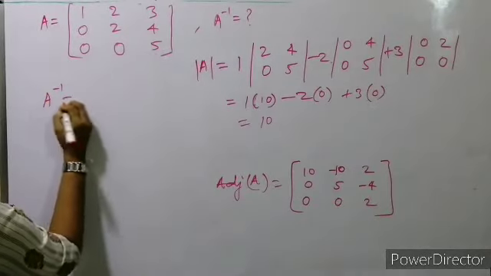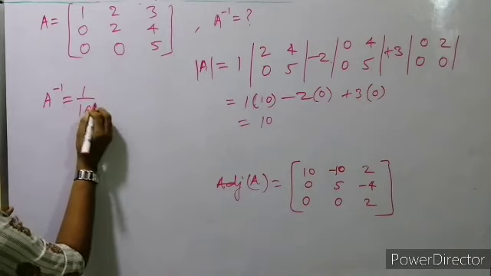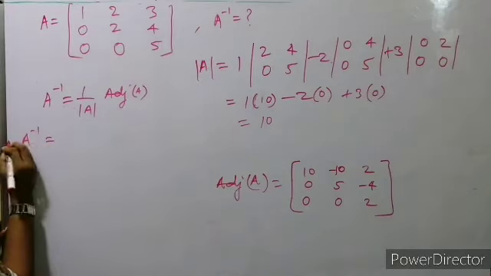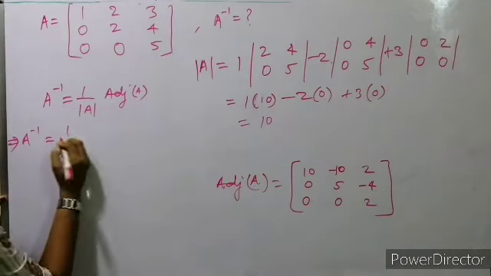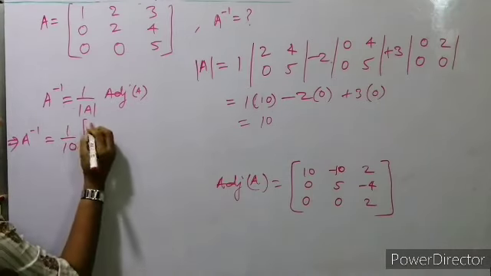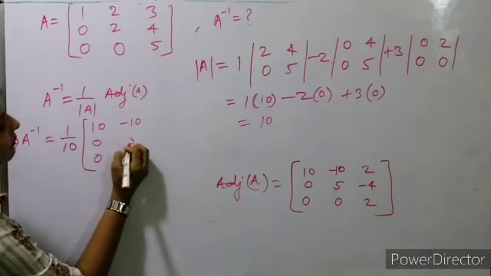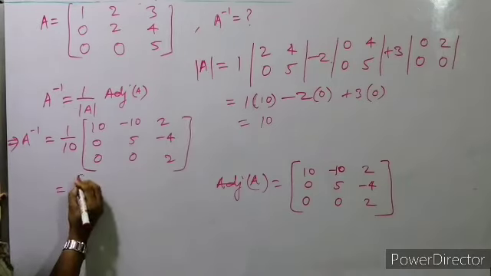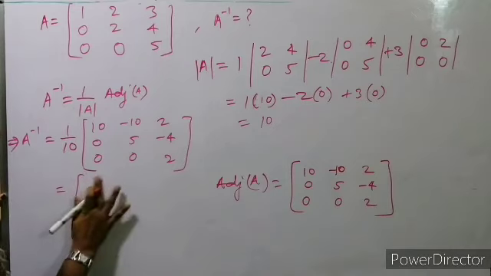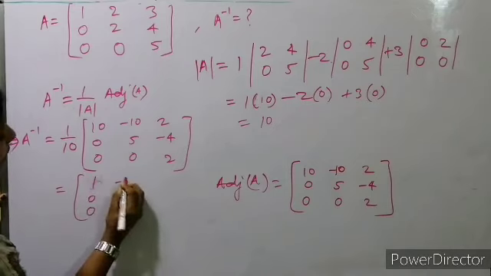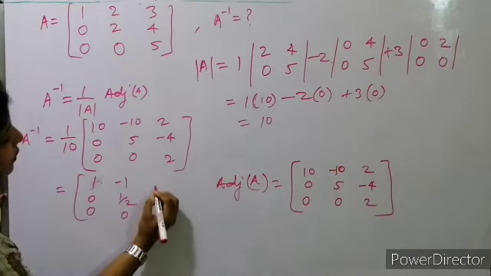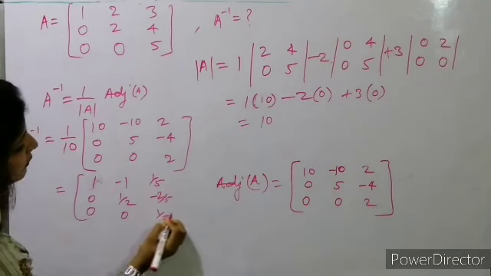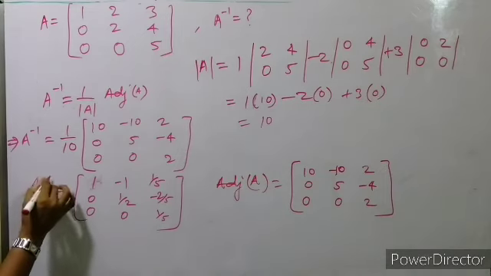We know the inverse is 1 upon determinant of A into adjoint of A. So A inverse will be equal to 1 upon 10, since the determinant is 10, times the adjoint: 10, 0, 0; minus 10, 5, 0; 2, minus 4, 2. 10 divided by 10 is 1, then 0, 0; minus 1, 1 upon 2, 0; and 1 upon 5, minus 2 upon 5, and 1 upon 5. This will be the value of A inverse.